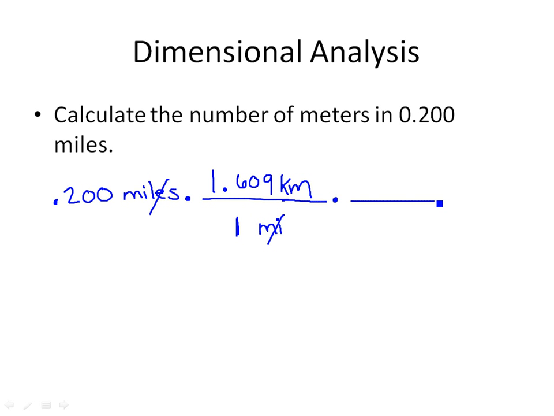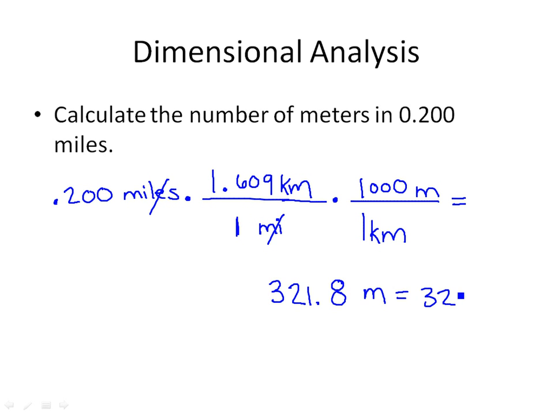And so we know that in 1 kilometer, there are 1,000 meters. So if we do the math here, we should get 321.8 meters, which we can round to 322.